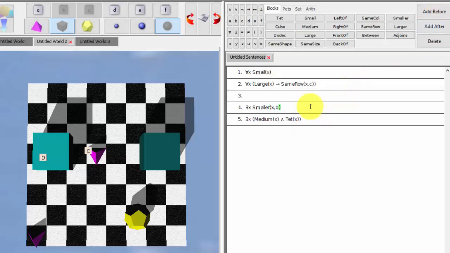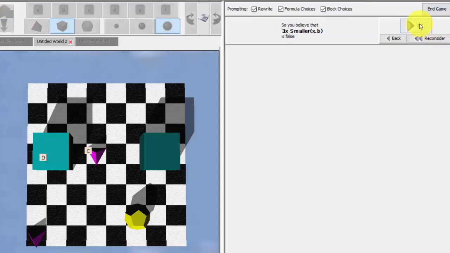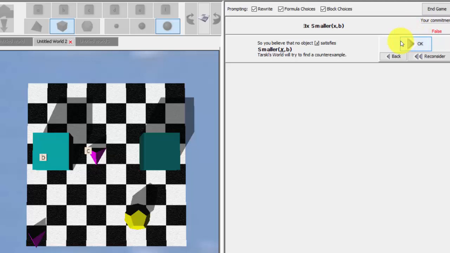All right, there exists an X such that X is smaller than B. Let's say I was to maintain that it is false. Since I think it's false, I don't think that there's any object whatsoever that satisfies it.